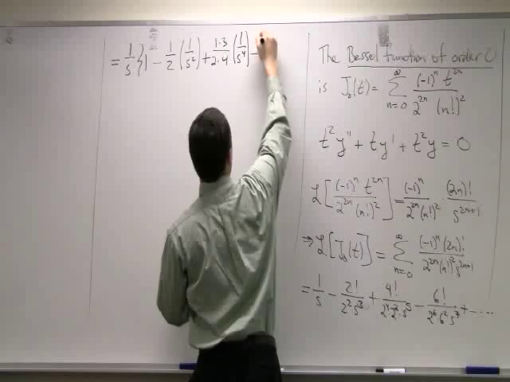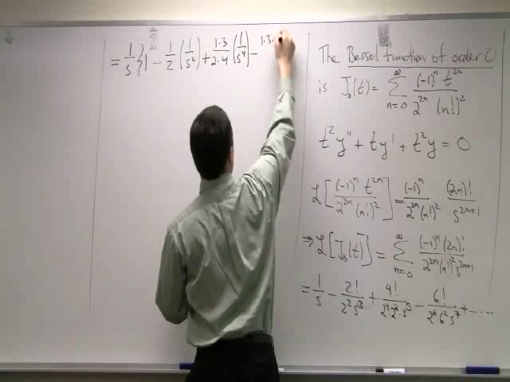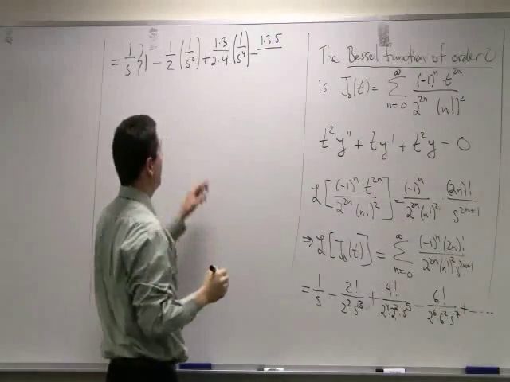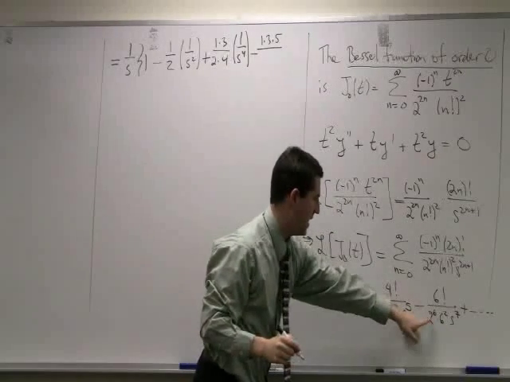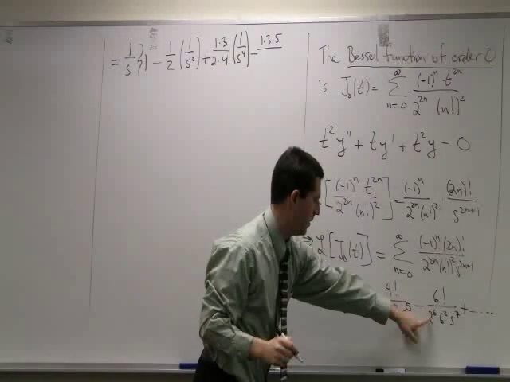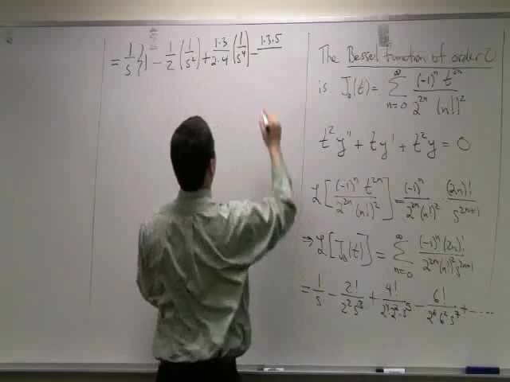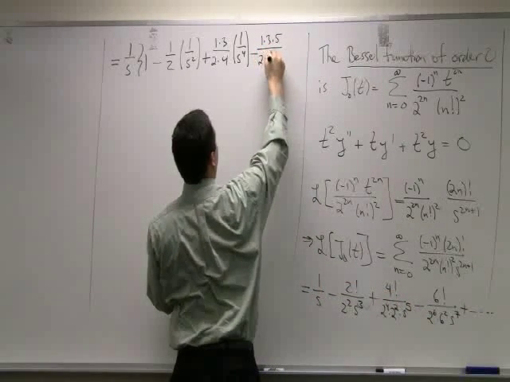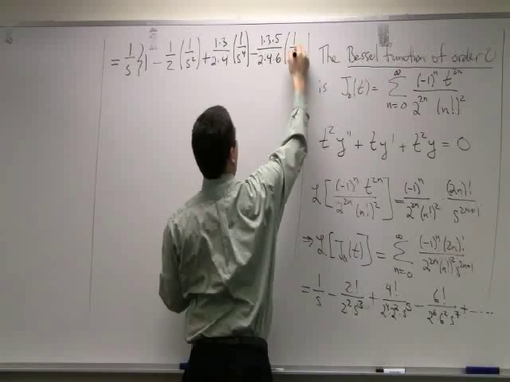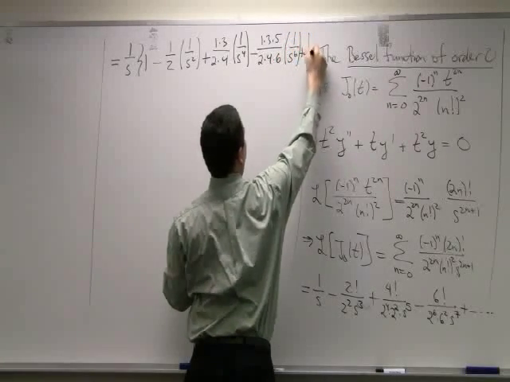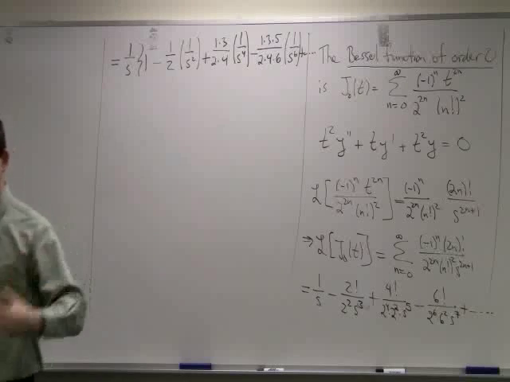So let's see, I left up there a 1, a 3, and a 5. And on the bottom, well, I left a 6, and then I had a 2 and a 4. And I get 1 over s to the 6th, and then this keeps going. And at this point, you probably can see the pattern.